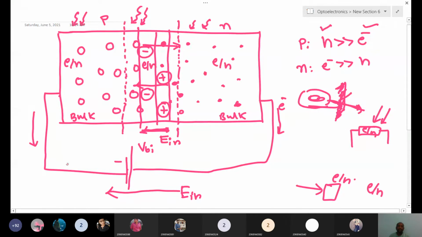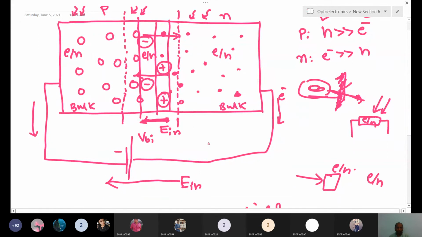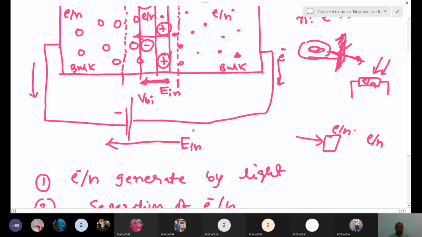In the depletion region we have a sufficient electric field. Electrons are negative charge and holes are positive charge. This electric field holds minority carriers on the n side, because the electric field direction is plus to minus. Because of this direction, the internal electric field drifts the holes towards the p side.